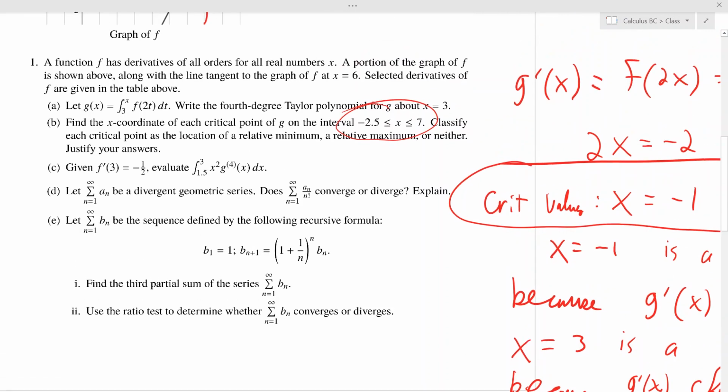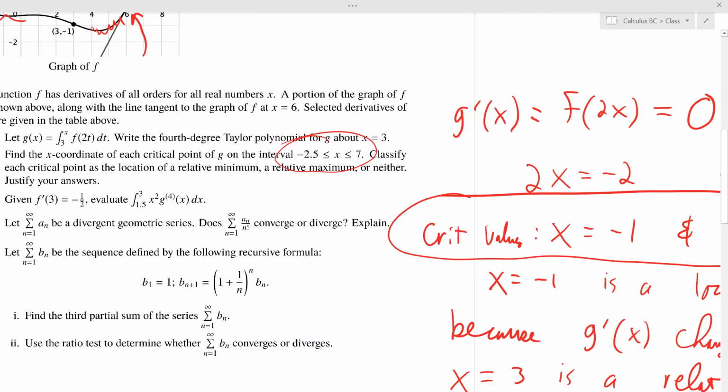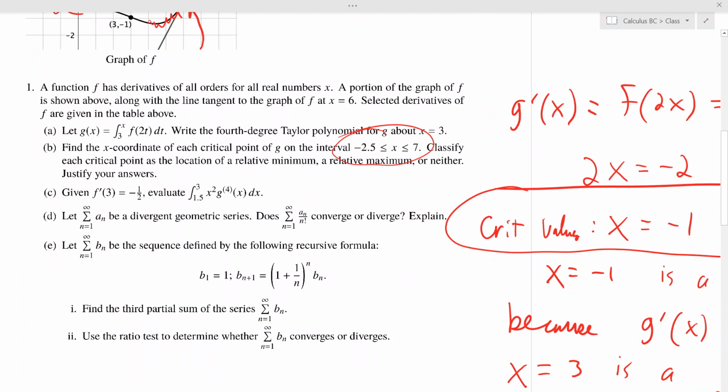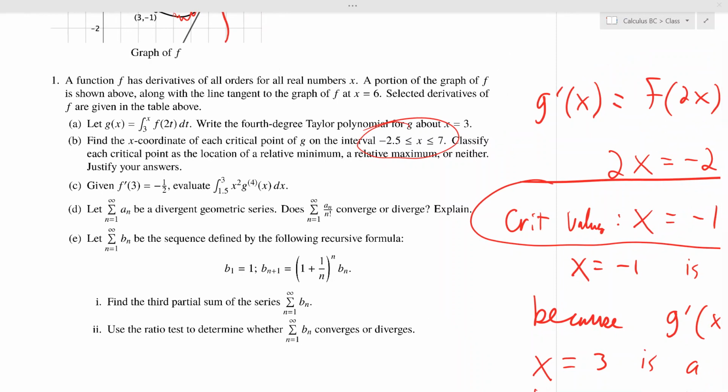Okay. Given f prime of 3 is -1/2, evaluate this stinky old integral. Oh, okay. Well, let's check it out. Do we need parts for this? Why are they giving me the fourth derivative of G? Huh. Okay, well I'm running out of room here. Let me steal this.